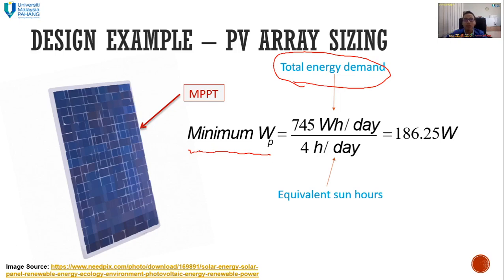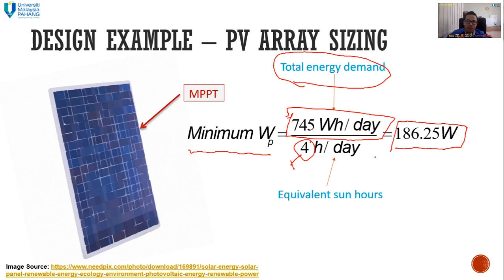If you still remember, you get 745 watt hour per day. And then the sunshine hours, I just put 4 hours. In the previous slide they wrote 4.5, but it's okay. Let's say I just put 4 hours because the PSH value in Malaysia is about 4. So we divide 745 by 4, then we get 186.25 watts.